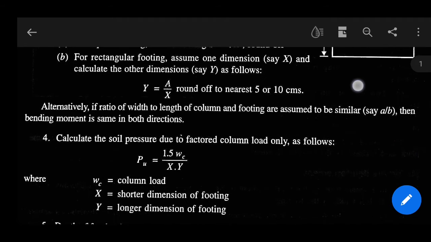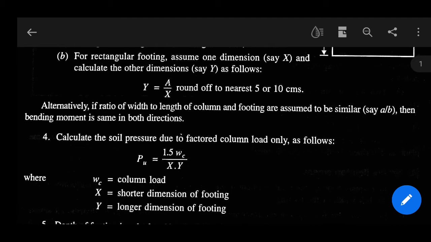Number 4, we have to calculate the soil pressure due to factored column load only as follows. Pu, that is the factored soil pressure, is equal to 1.5 WC by X into Y. That means the area.